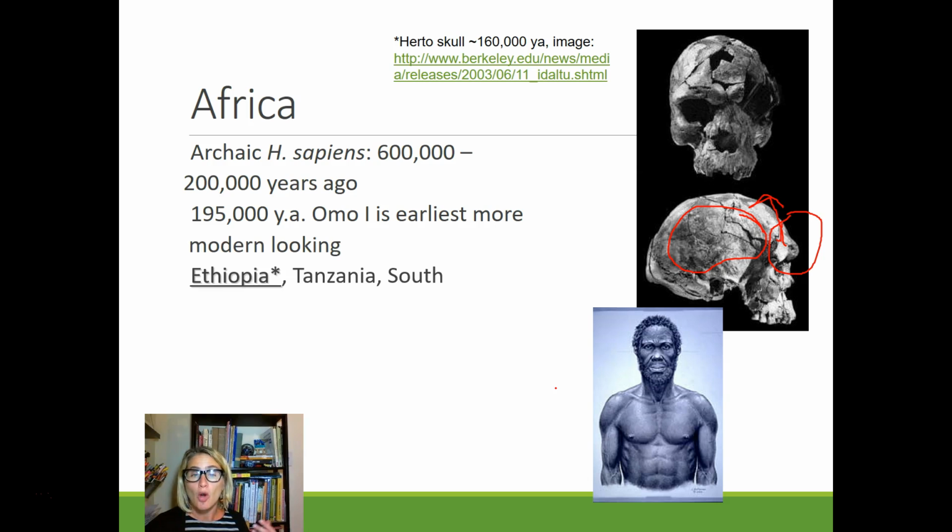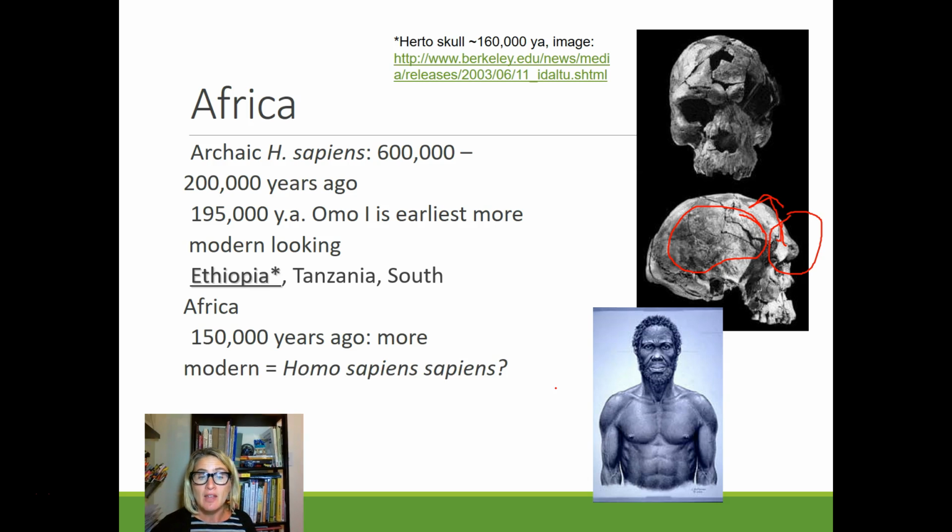We have one called AMHS1 that dates to about 195,000 years ago that looks quite modern looking. We have this Herto skull here from about 160,000 years ago. It's from Ethiopia, but we also have some from Tanzania and South Africa. And then by 150,000 years ago, the fossils begin to look much, much more modern, and perhaps this is where we can begin to give them that subspecies name, Homo sapiens sapiens.